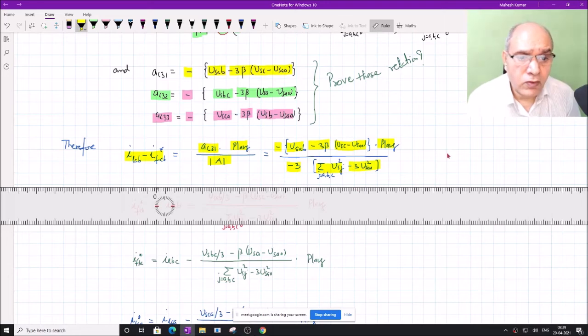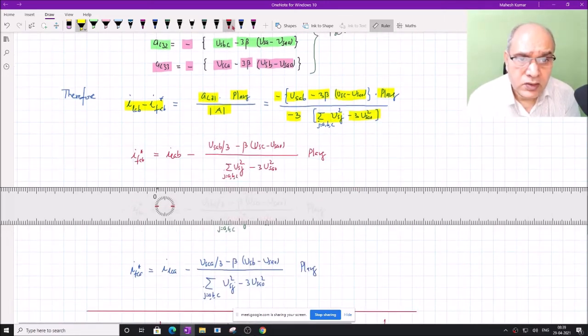So this 3 will go on both sides; this minus 3 will go with this minus, and this becomes BSAB by 3. Therefore we get here BSAB by 3 minus beta BSC minus BSA0 by sigma BSJ square minus 3 BSA0 square, into PL average.